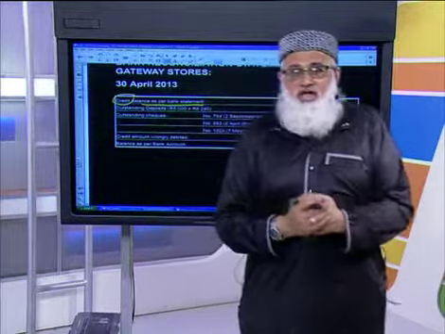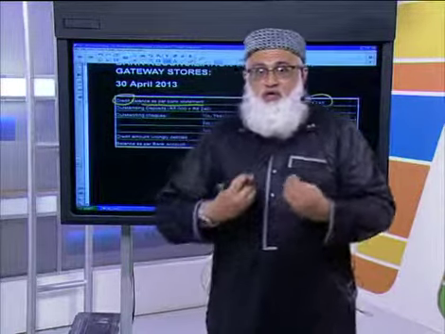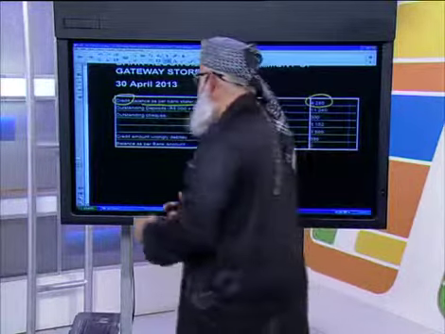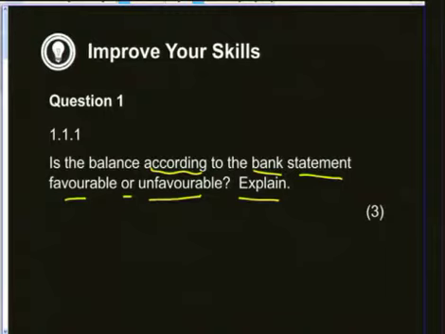And the answer is you're going to be thrilled. Why? Because the bank is telling you that they are owing you money, and therefore a credit balance on your bank statement indicates that in your books it's a favorable bank balance. So the answer to this question is it is a favorable bank balance, right?